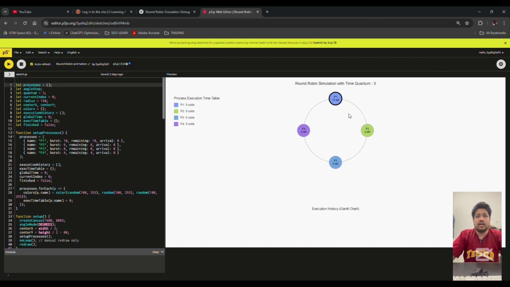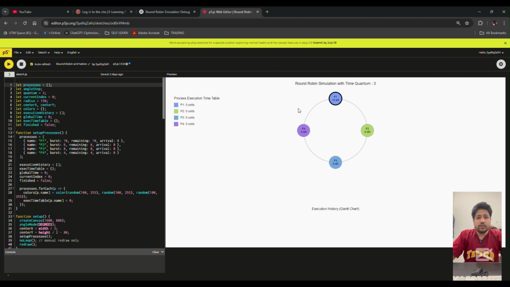So we have here P1 with 10 CPU burst, P2 we have 6, P3 we have 8, and P4 we have 4. So we will see how the round robin scheduler algorithm works when it will preempt.